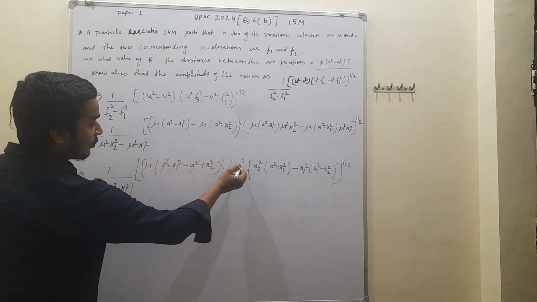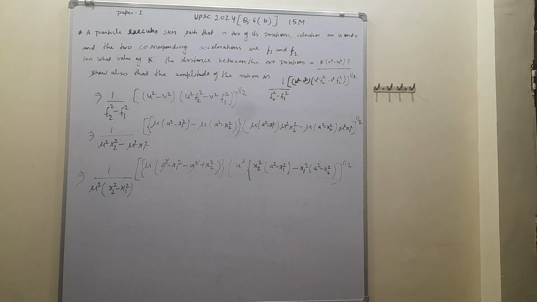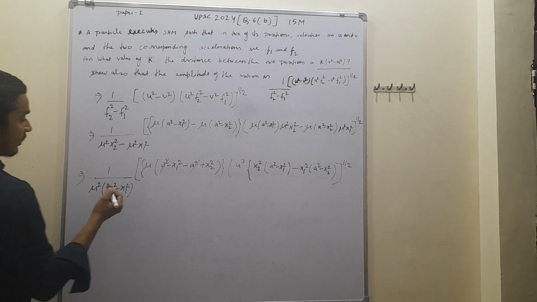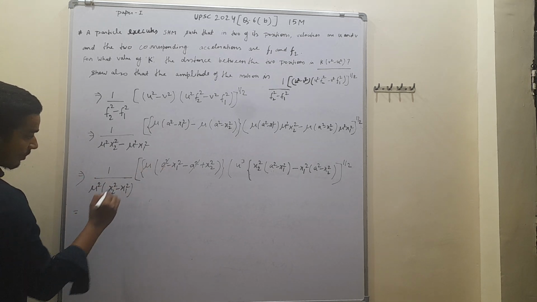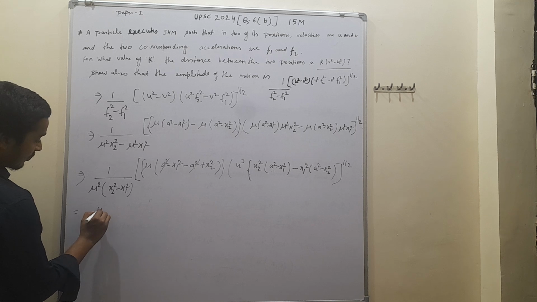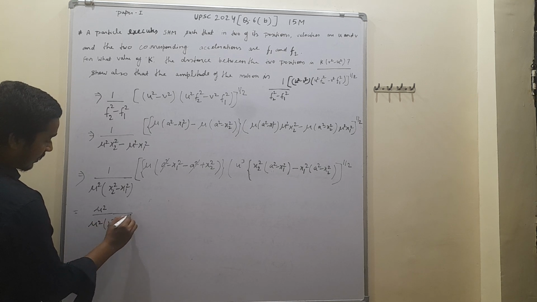Mu and mu cube is mu 4. When root comes, mu 4 comes out as mu square, and it is mu square upon mu square (x2 square minus x1 square).